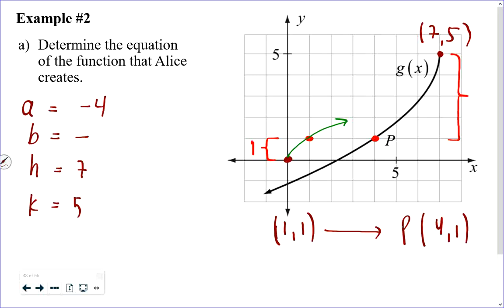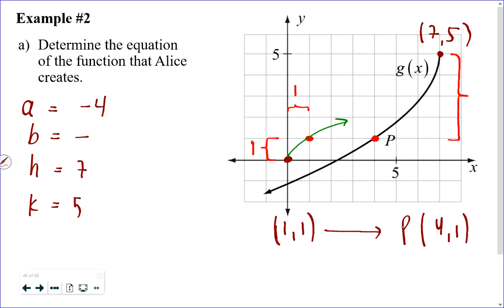The thing that makes Alice's approach difficult is it's hard to put into words. Algebra is easier for an explanation because you just do the algebra, okay? What Alice also does is looks at the horizontal distance between these two key points. And the horizontal distance between them, to begin with, is 1.